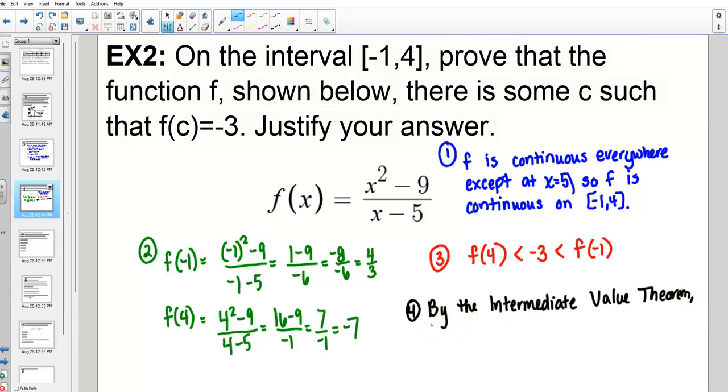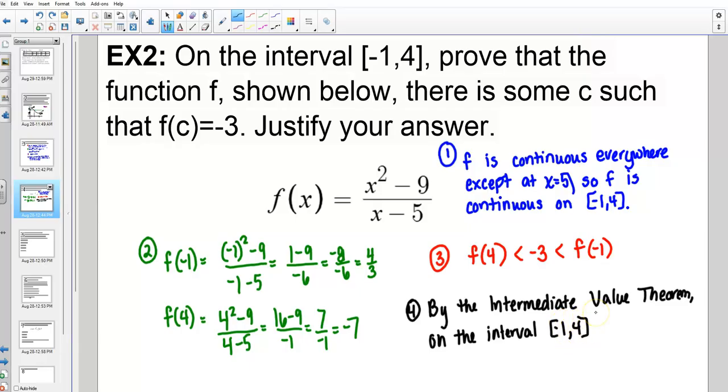And then here's my advice to you. The question says, prove that for the function f shown below, there is some c such that f of c equals -3. Just reword that. They're asking you to prove this, so say, here it is, I have proven it. Reword it. So just say, on the interval -1, 4, there is some c such that f of c equals -3.